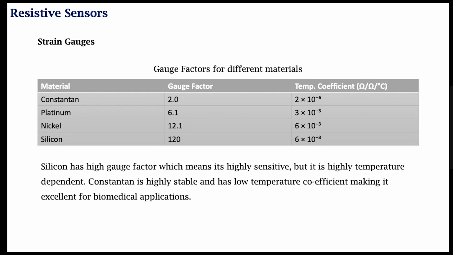For example, constantan is frequently used to measure forces in dialysis pumps. Nickel, for example, is used to measure changes in pressure and in respiratory bands. P-type silicon strain gauges are used in catheter tip pressure sensors, and in our lab, we use them to measure fingertip forces on handheld objects.